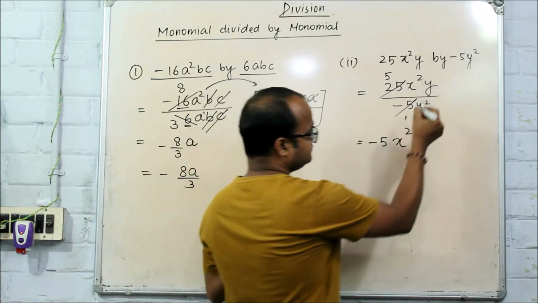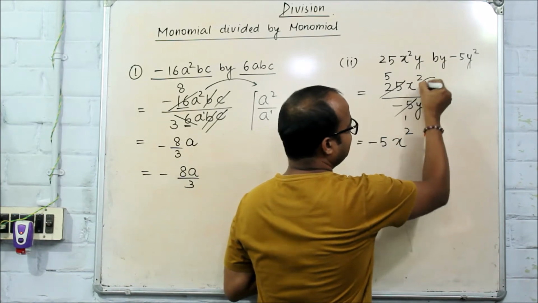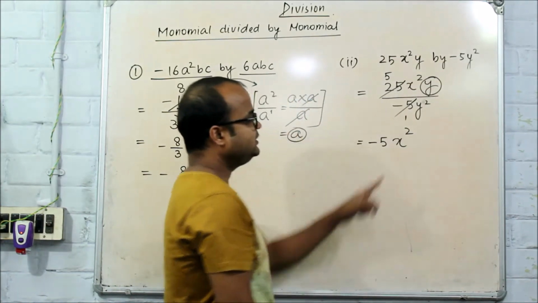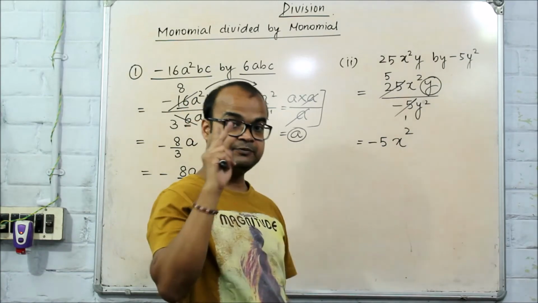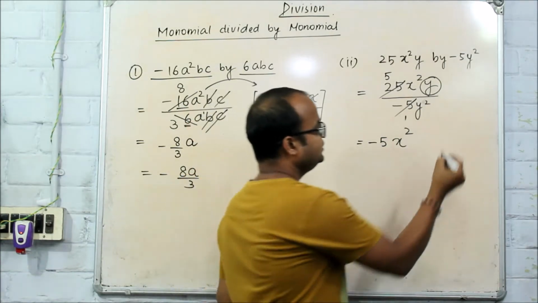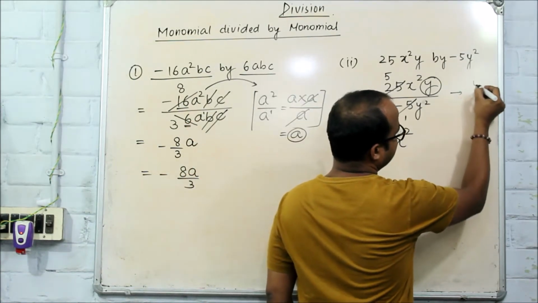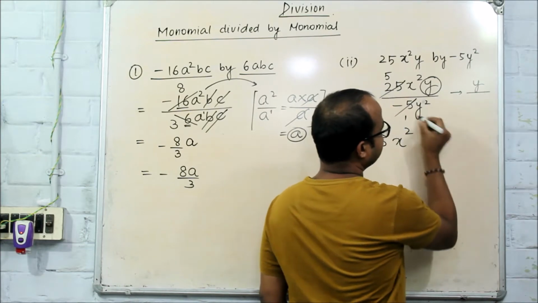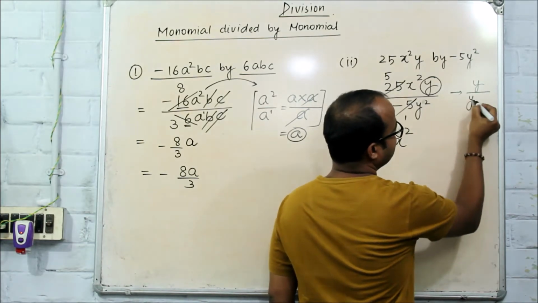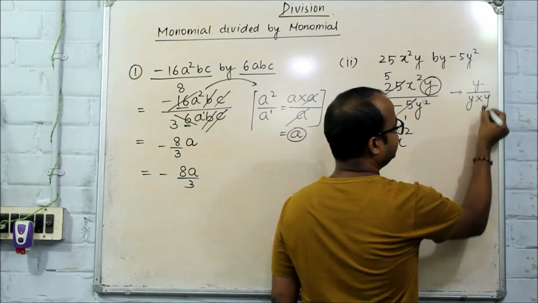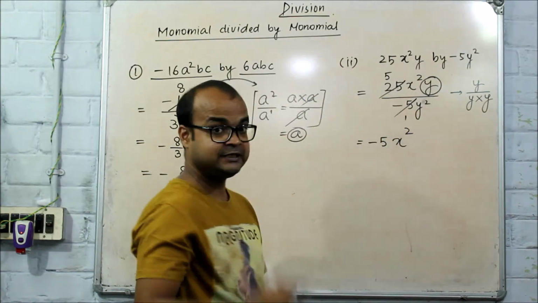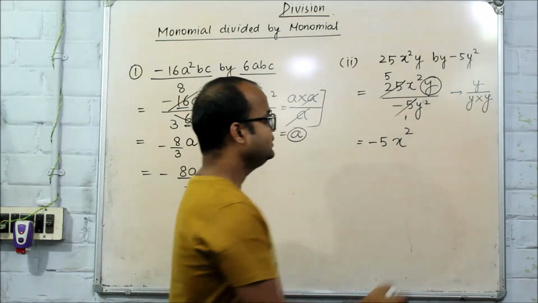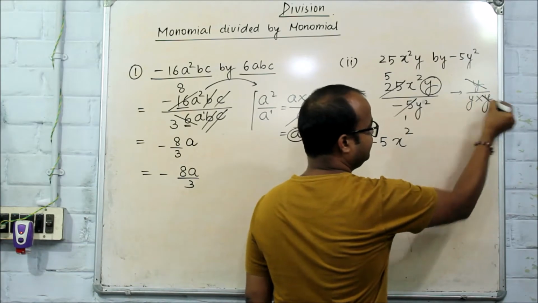Now numerator y is there. Denominator y square is there. That means y twice is there. If you simplify this, y is there and in the denominator y twice. So y square can be written as y into y, that is 2 times y. So one y and one y will get cancelled.